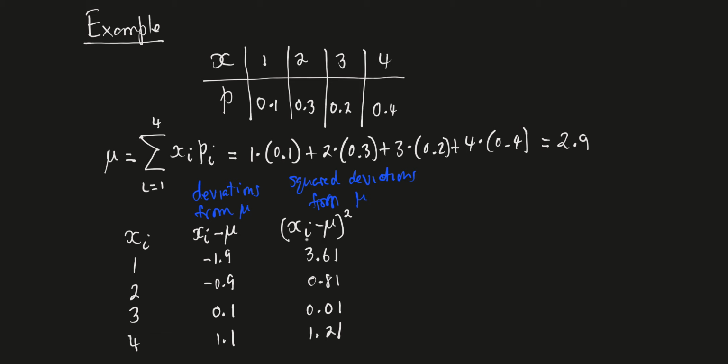So now that we know the variance, let me show you what you do with the variance to find the standard deviation. And it's as simple as a simple root. So the standard deviation of x, there are several ways that it's denoted.